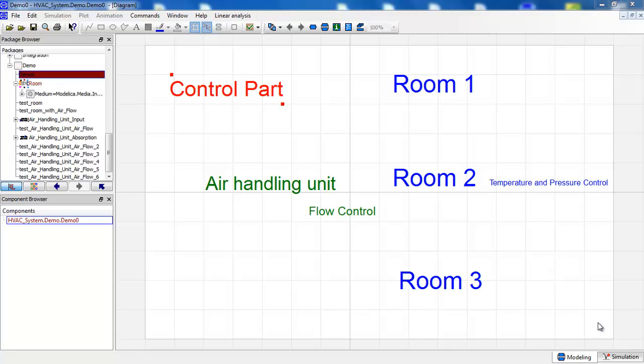In this webinar, I will demonstrate how to simulate and model an air handling unit with the software Dymola. So basically, our model will be composed of one air handling unit and 3 rooms and one control part for the whole model.